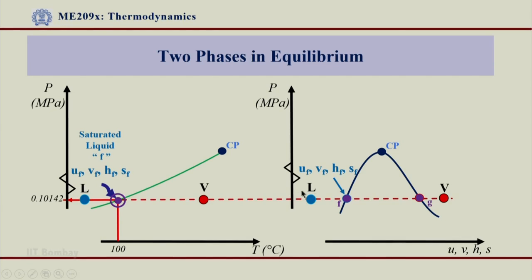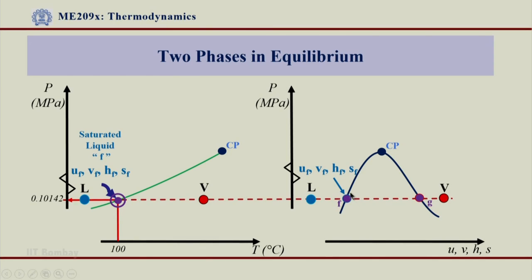So, correspondingly, if you see on a PV diagram, if I say I have taken this property as V, this is my saturated liquid line, this is saturated vapor line, both these lines merge at critical point over here, and on this line what we see is 100% liquid, on this line what we see is 100% vapor.